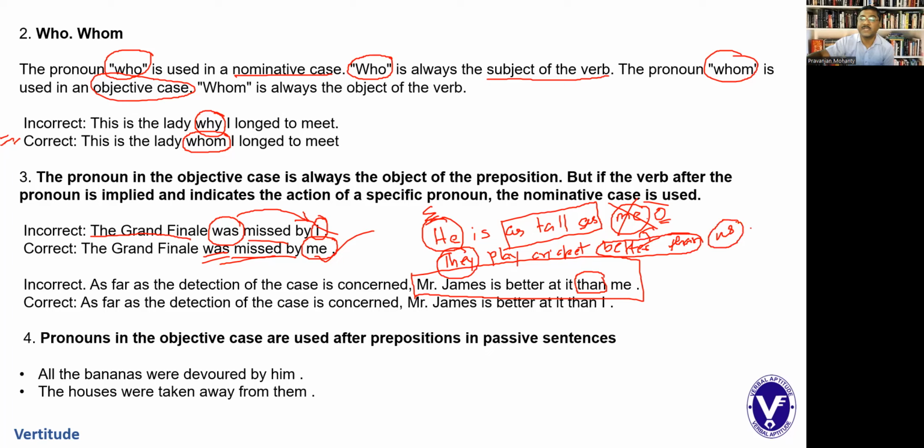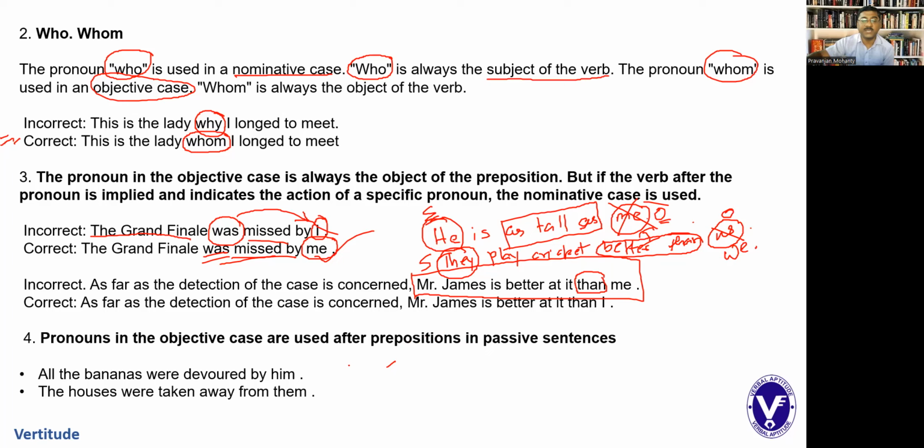Us is an objective case because इसके बाद में हम verb नहीं डाल सकते. So this is wrong because this is a subject and this is an object. I cannot compare a subject with an object. So they play cricket better than we. And full stop, not we do, because do is again the verb which is mentally supplied, so you don't have to use the word do. So they play cricket better than we. Clear? So ये वाला important है, ध्यान रखना क्यों हो रहा है ऐसे.